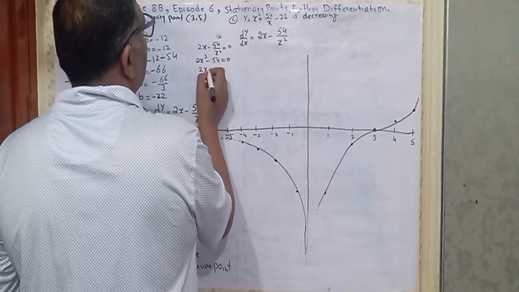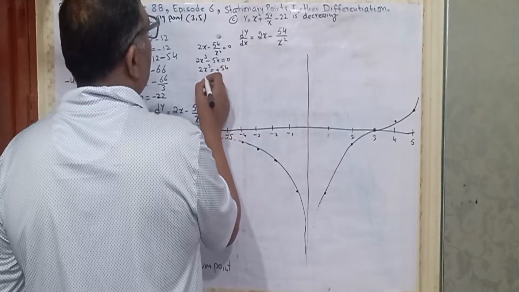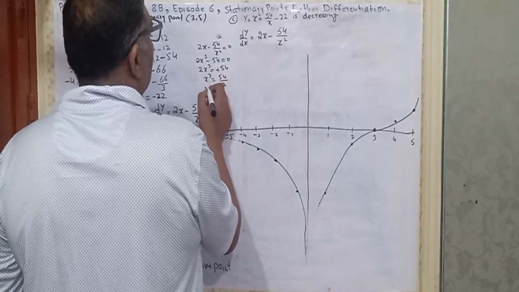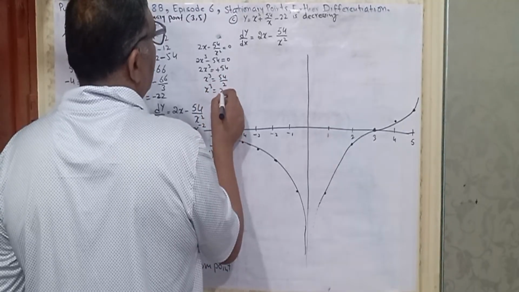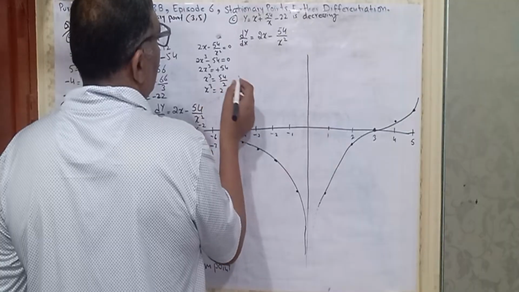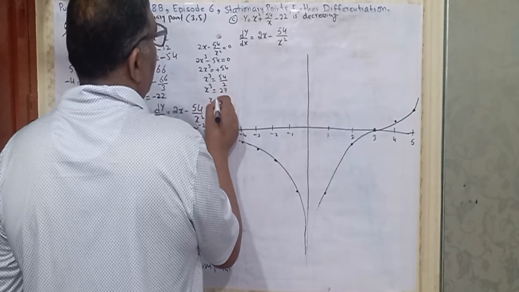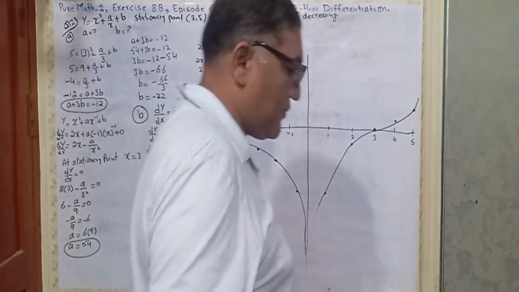So 2x cubed is equal to positive 54. So x cubed will be equal to 54 divided by 2, which is 27. So when you take the cube root, that is 3. So we already know that point.